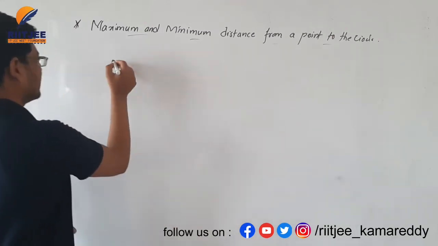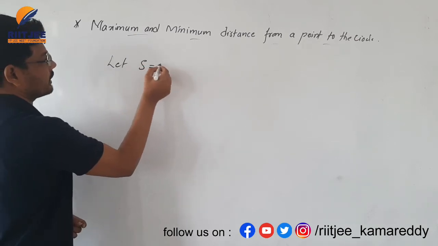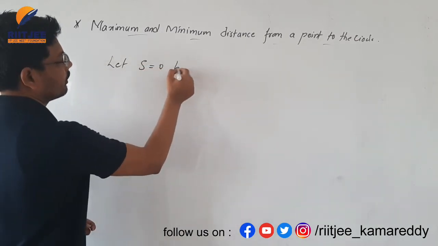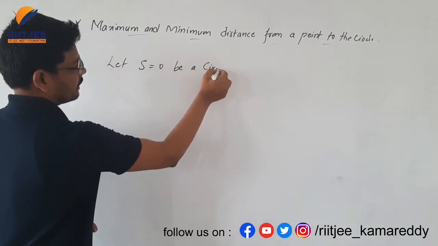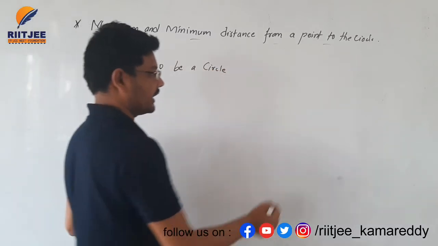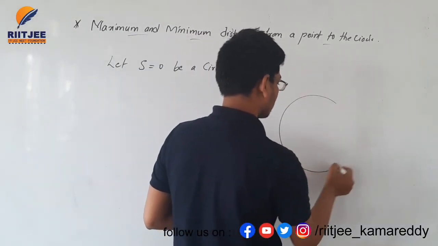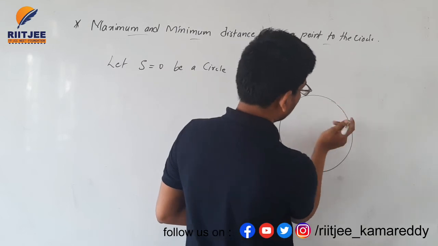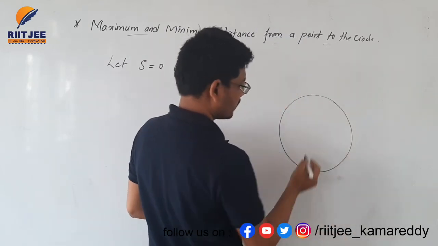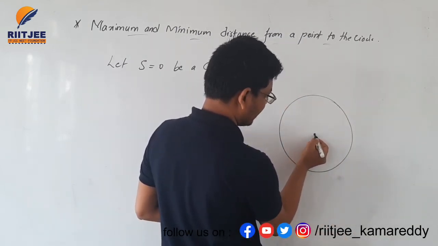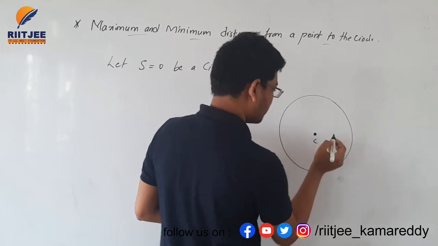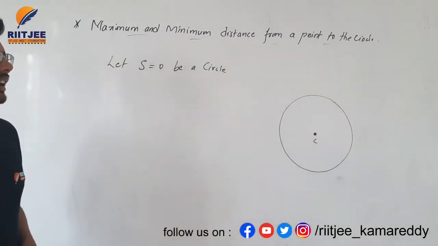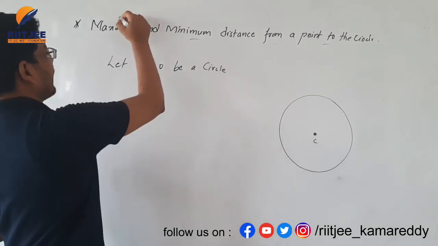Let S equal 0 be a circle. Here I am taking one circle. This is the center, and I am denoting the center as C. Here the concept is maximum and minimum.